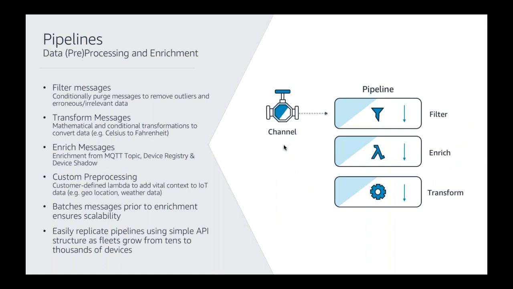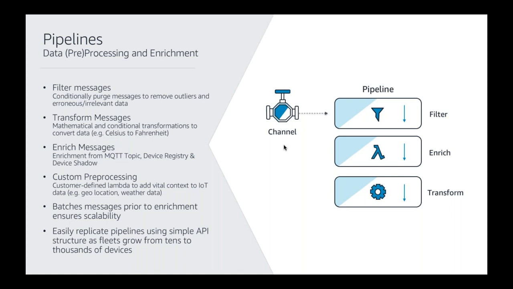In terms of the pipelines, you can do a number of things. As I said, broadly, you can do filtering, you can do enrichment, and you can transform this data. From a filtering perspective, you can conditionally remove certain attributes, for example, or where you think you may have some outliers in the incoming telemetry, you can apply some filtering mechanisms.